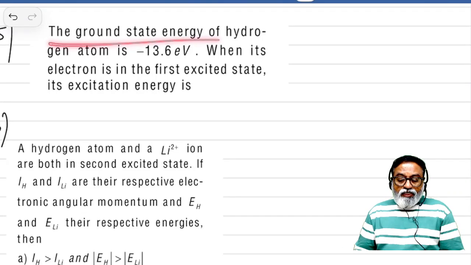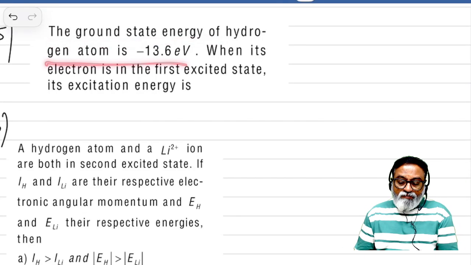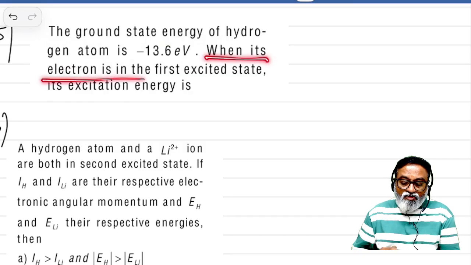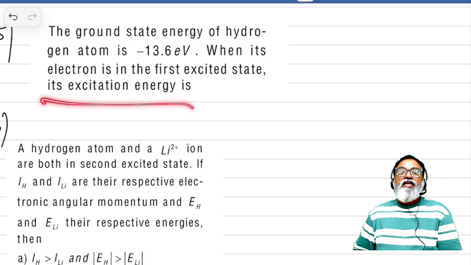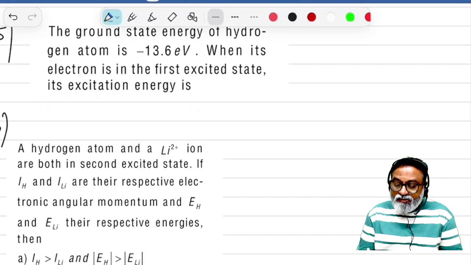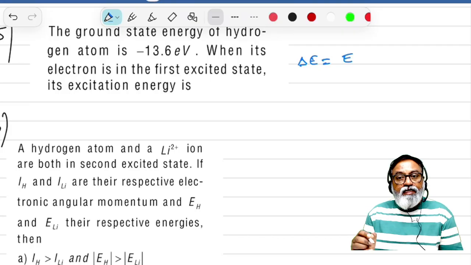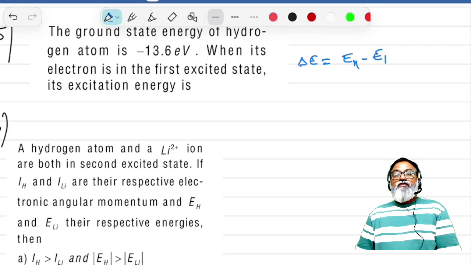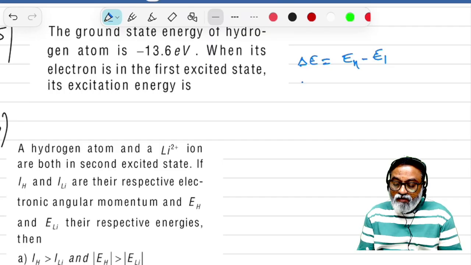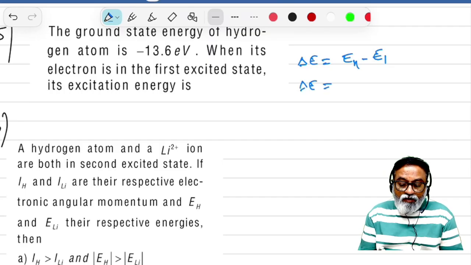See, the ground state energy of hydrogen atom is 13.6. When its electron is in the first excited state, what is its excitation energy? Excitation energy delta E, for example, if it is excited to the nth energy state from the ground state, is En minus E1.